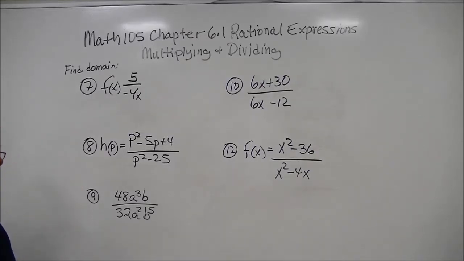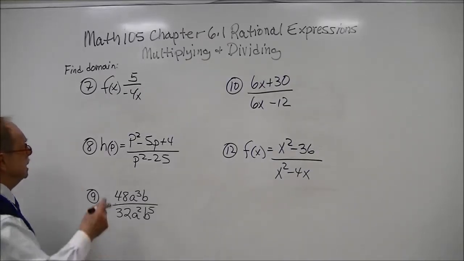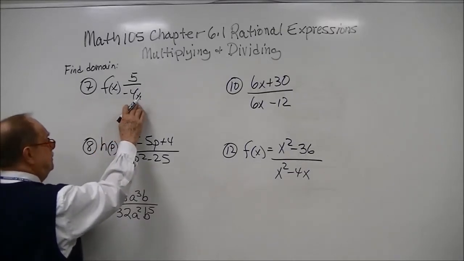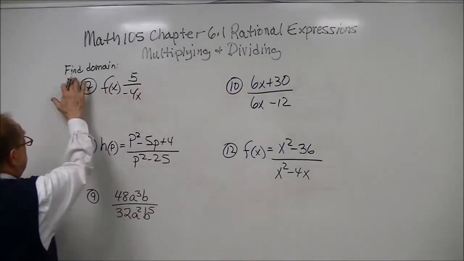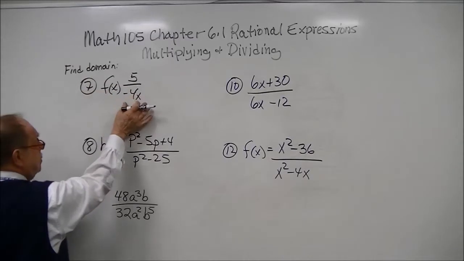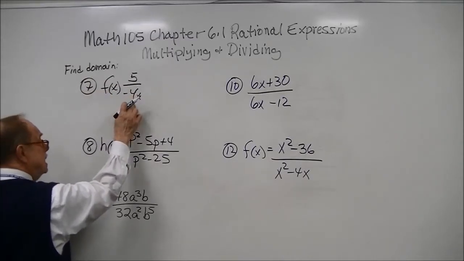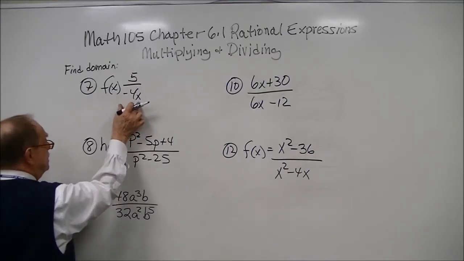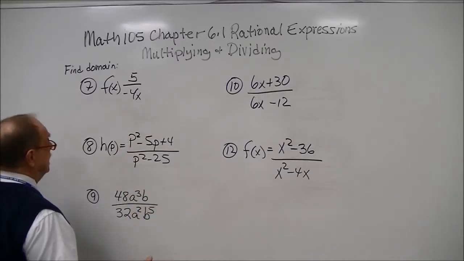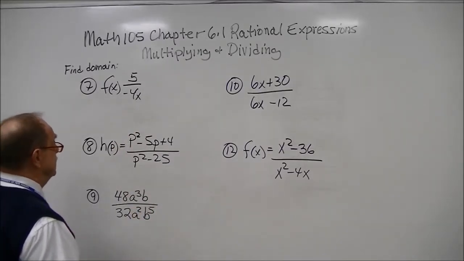And when we think of domain, what we're thinking about is a value of x that would make this denominator a 0. So when we're asked in rational expressions to find the domain, all we're interested in is the denominator and what value of x would make that denominator a 0, because then it would be undefined.